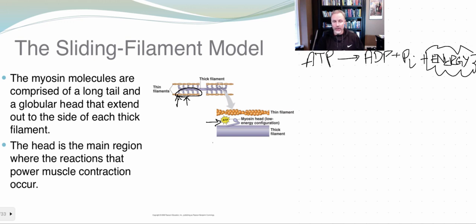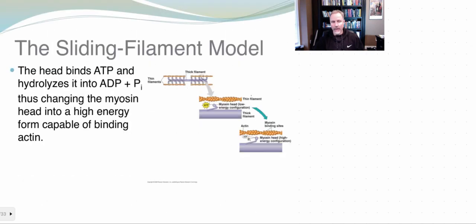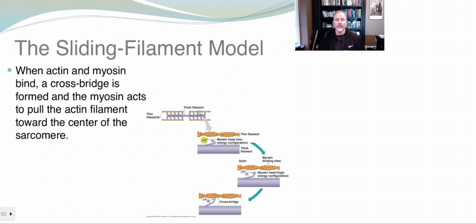So this is the low energy configuration right here. And then when ATP gets hydrolyzed, it moves into a high energy state. And now it has the ability to attach to the actin filament and pull those Z lines closer together and shorten the muscle, contract the muscle, and provide for some movement.